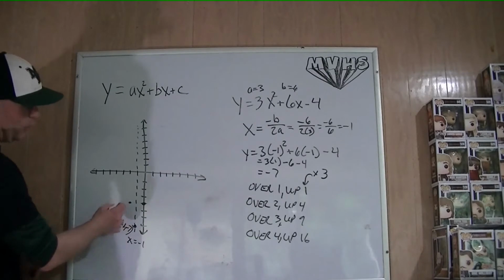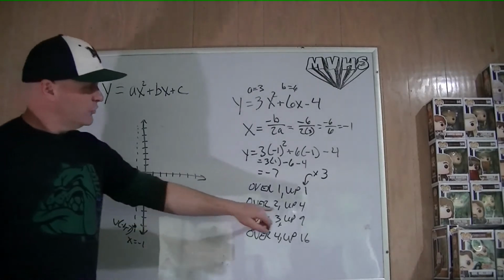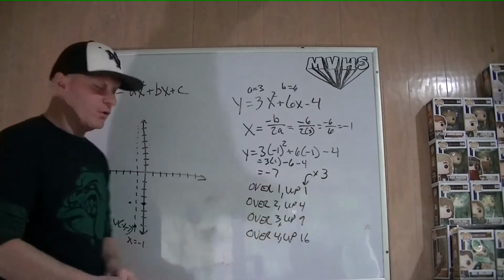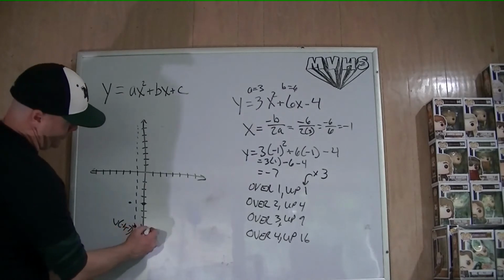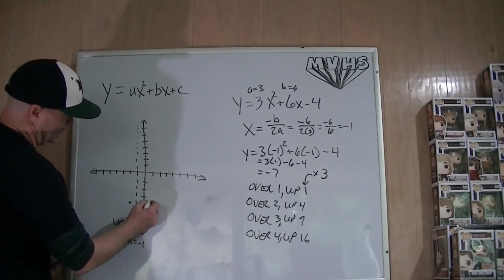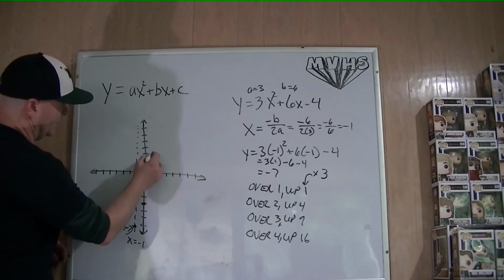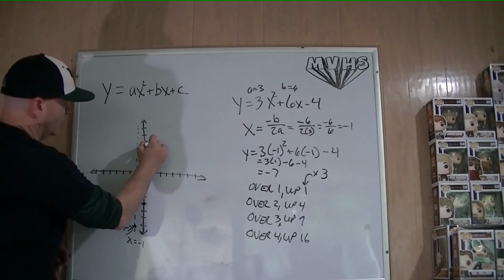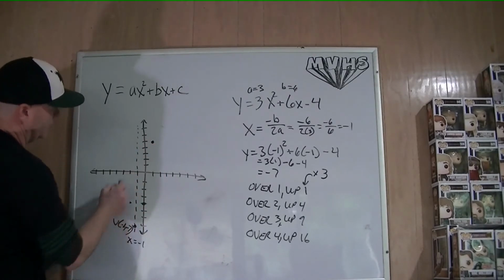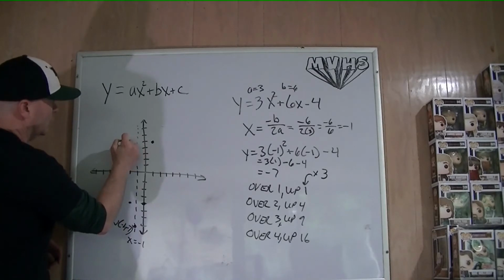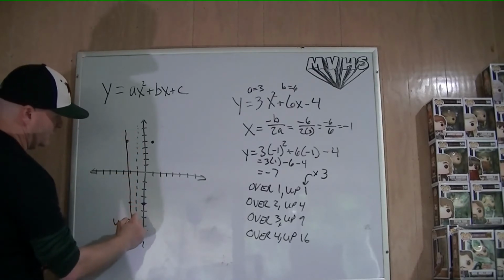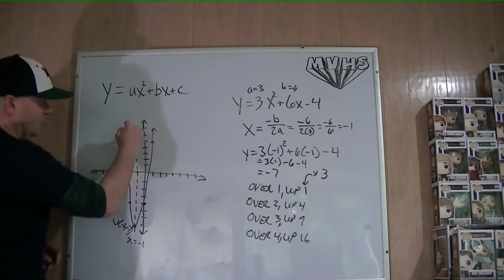Same thing here, over 1 up 3. And then we would go over 2 up, let's see, 3 times 4 is 12. So over 2 and up 12. 1, 2, 3, 4, 5, 6, 7, 8, 9, 10, 11, 12. And then same thing over here, over 2, up 12. So there's our very skinny parabola right there.